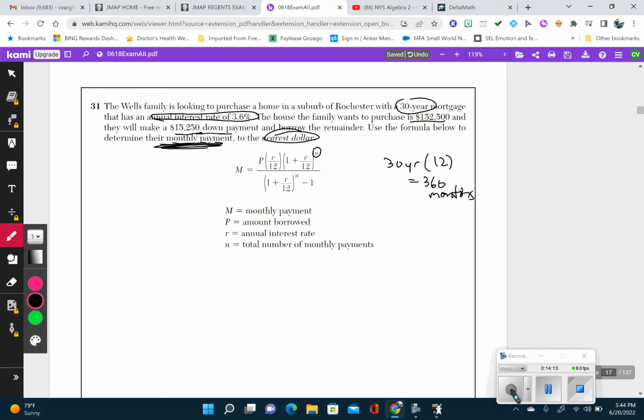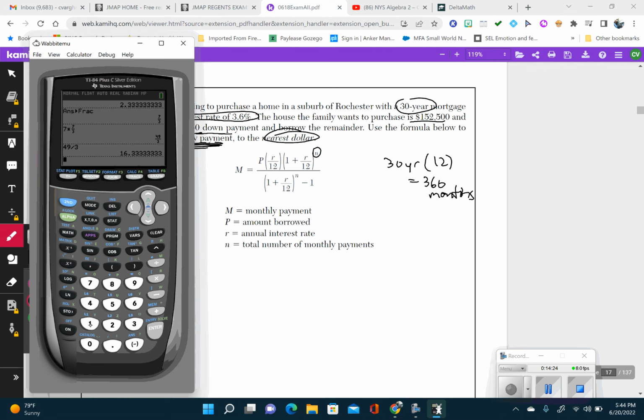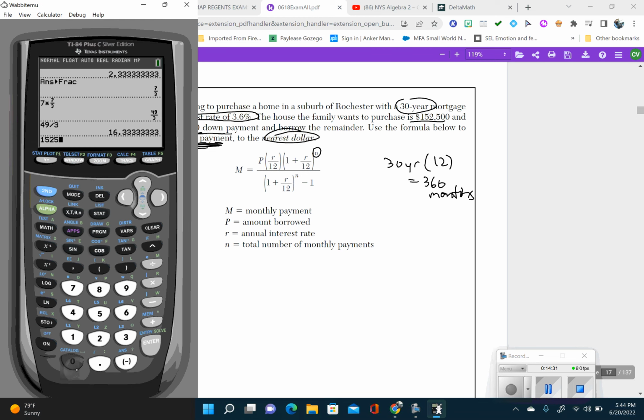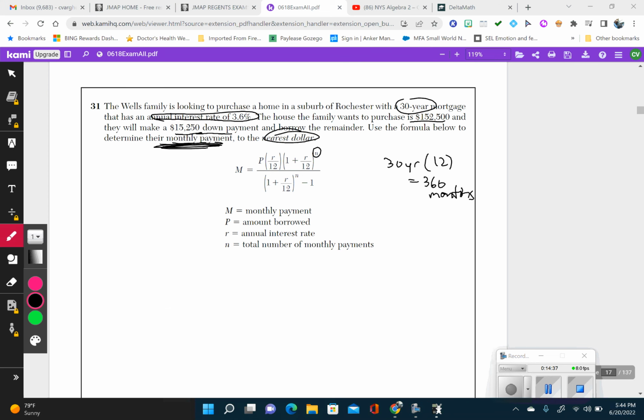All right, so now we want to figure out what it is that we plug in. So think about it, okay? The purchase price is $152,500. They've already made a down payment of a certain amount, $15,250.